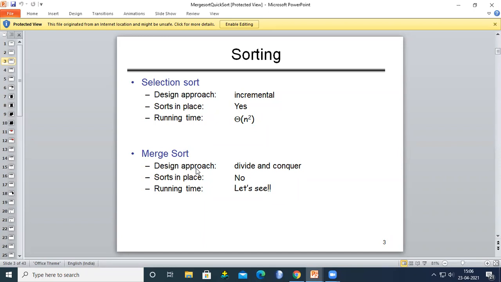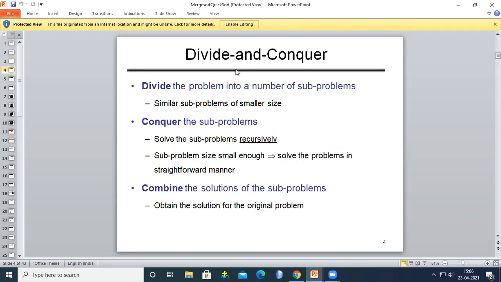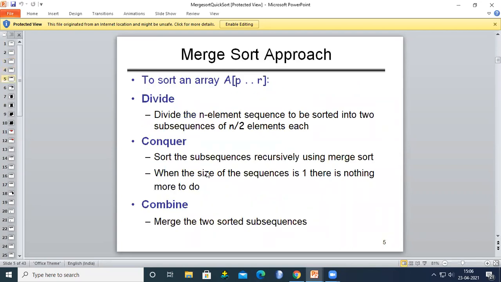Merge sort: the design approach is divide and conquer. With the divide and conquer approach, already explained, we divide the problem into a number of subproblems and find the solution to each subproblem.